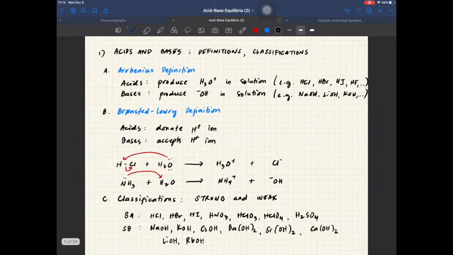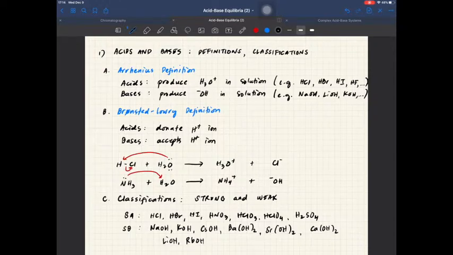First and foremost, acids and bases are defined using two definitions. Actually, there are three definitions, but in the context of our class, I'll be only introducing two definitions. The first definition is Arrhenius definition, which states that acids are compounds that produce hydronium ion in solution or in water when dissolved in water.